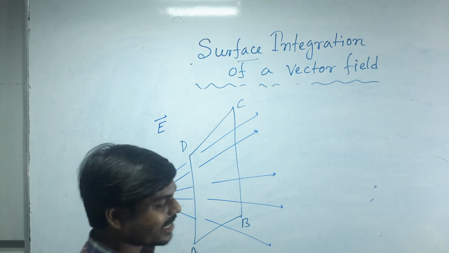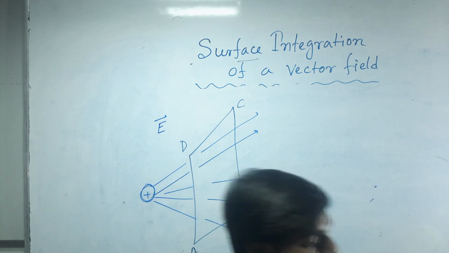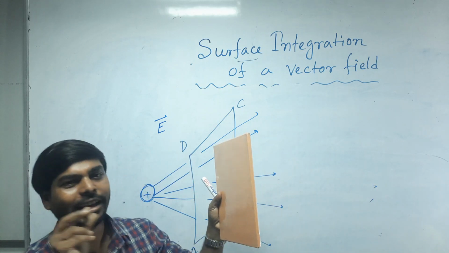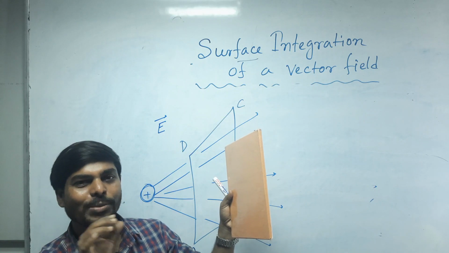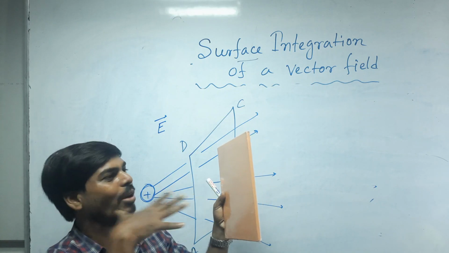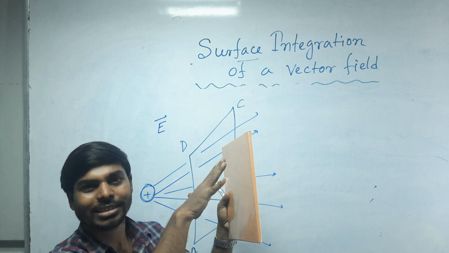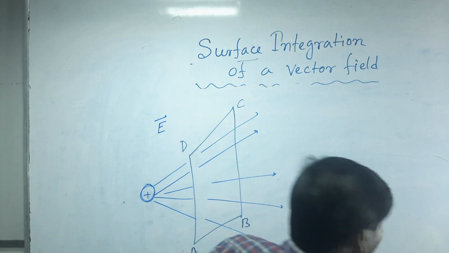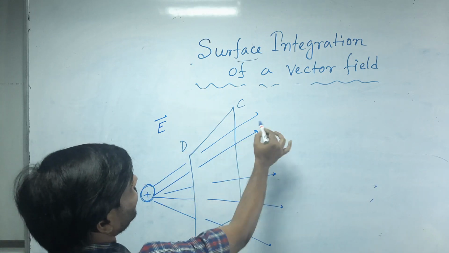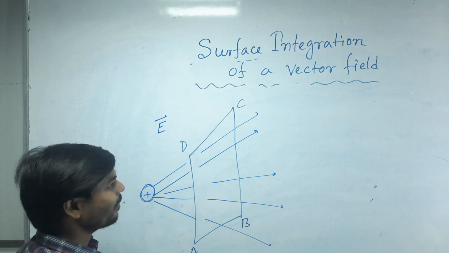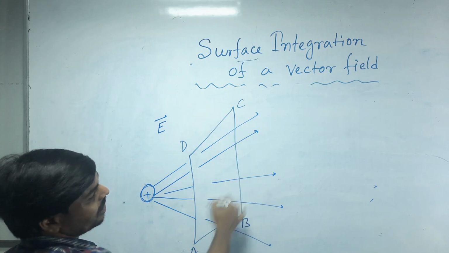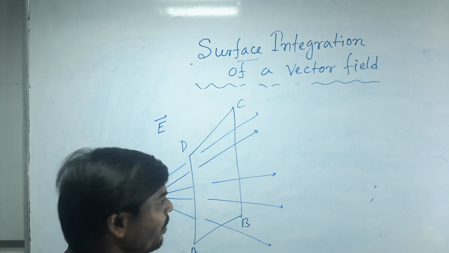We can think it is just like a plain paper, right? From the positive charge, electric field vectors pass through this surface. This is depicted here. These are the field vectors which are passing through this surface A, B, C, D.